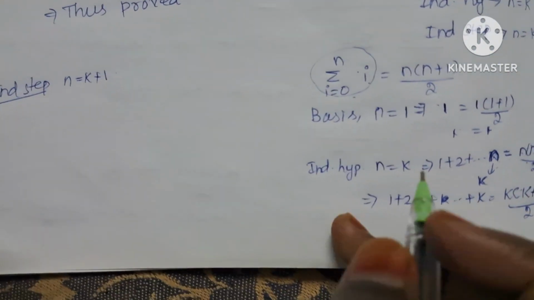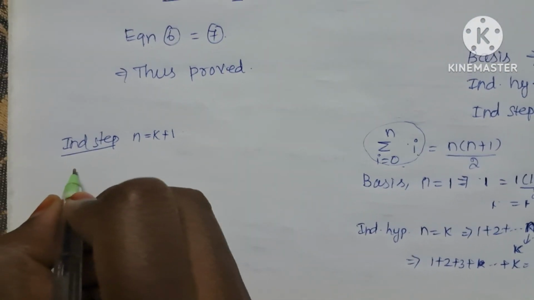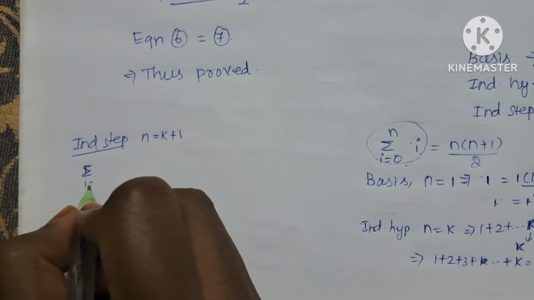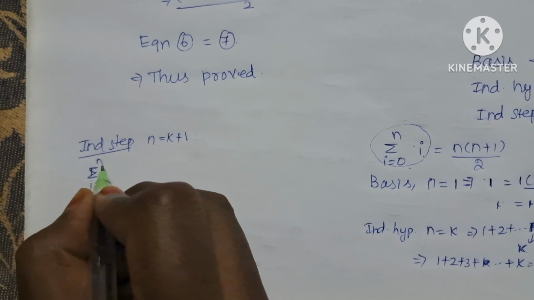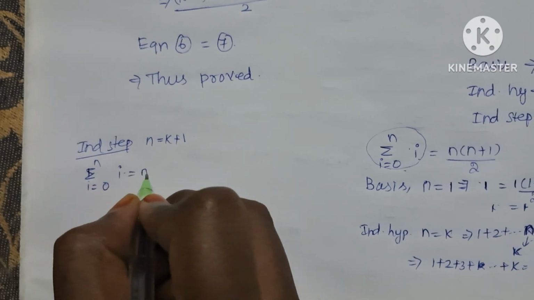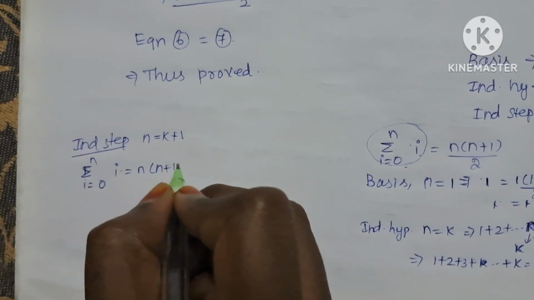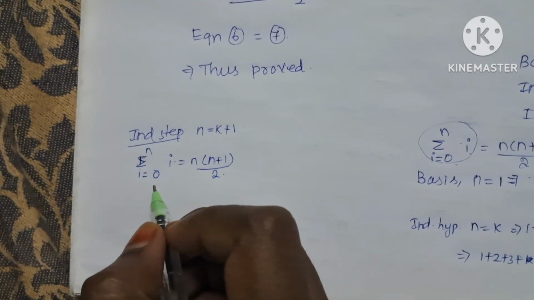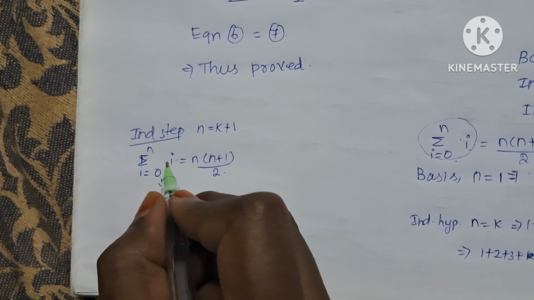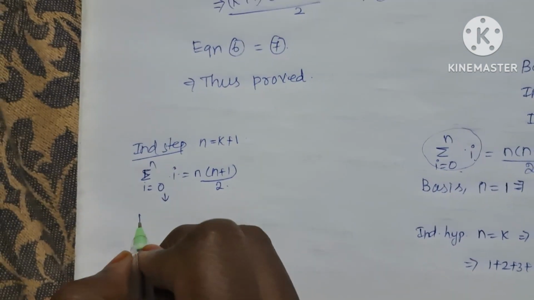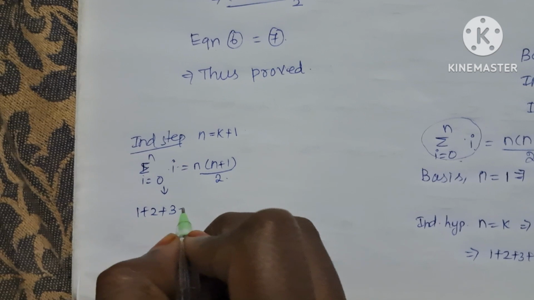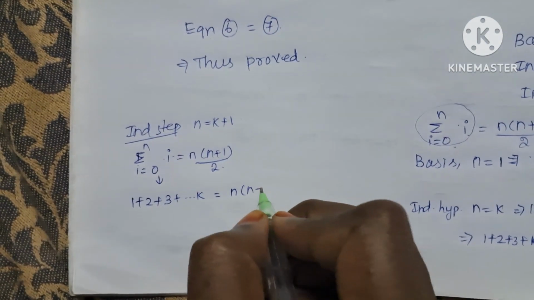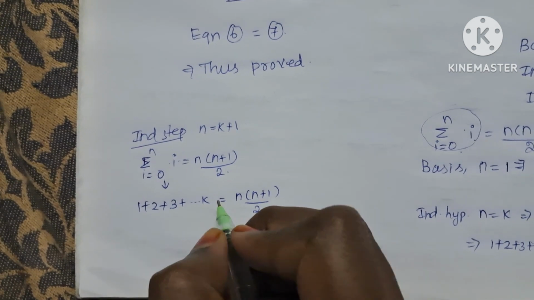So this equation can be written as 1 plus 2 plus 3 up to n is equal to n into n plus 1 by 2.